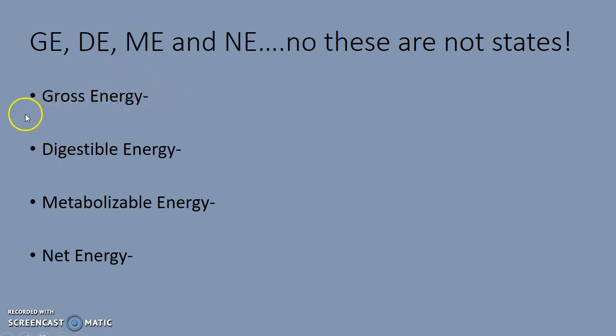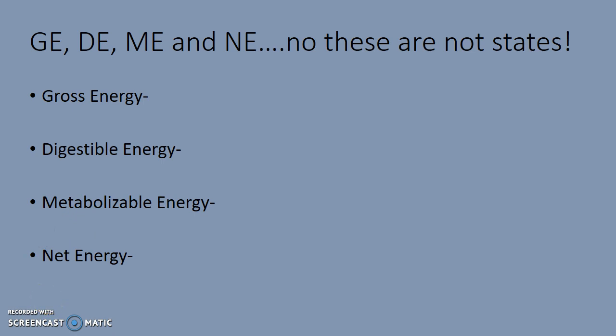Then from there, remember you lost energy from fecal energy, and it gets you to your digestible energy. And then digestible energy minus the urine and gas is going to result in your metabolizable energy. And then metabolizable energy minus your heat increment, or your body heat energy requirement, gets down to that net energy.